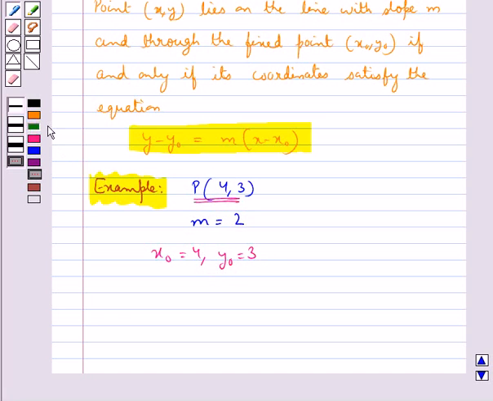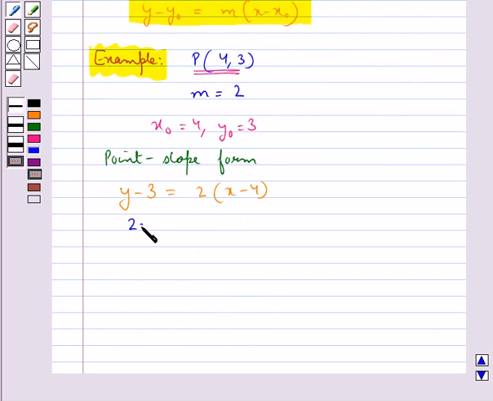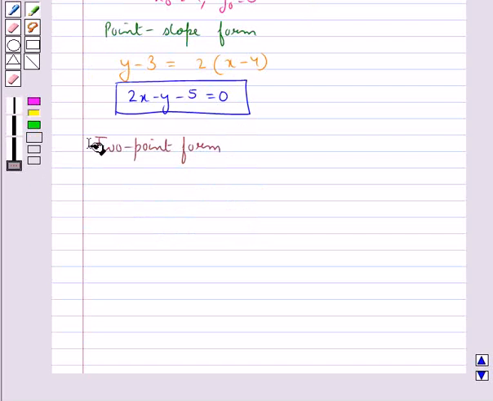So we get the required point slope form of the equation of the line is given by y minus y0 equal to m into x minus x0, that is 2x minus y minus 5 is equal to 0 is the required equation of the line in point slope form.